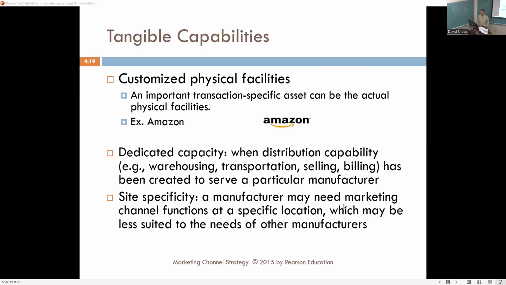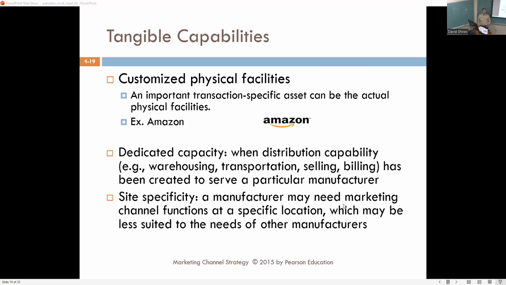Dedicated capacity is when the distribution has been created to serve one particular manufacturer. The problem with that, like FedEx's problem with Amazon, is that dedicated capacity leads to overcapacity.